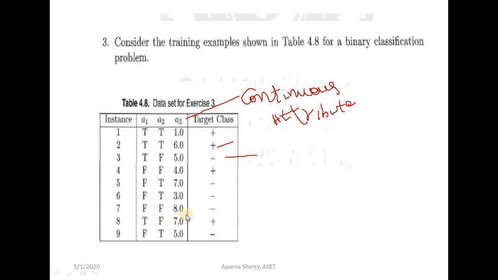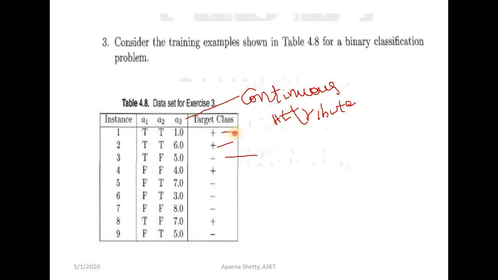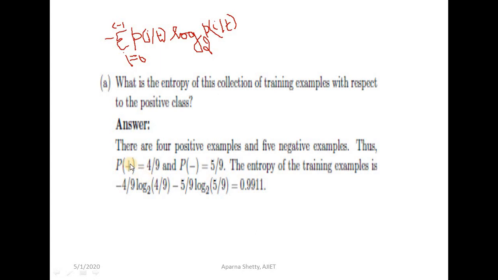How many records belong to class label plus? 4 records belong: 1, 2, 3, 4. Correct? These 4 records belong to class label plus. So P of plus is 4 divided by 9.